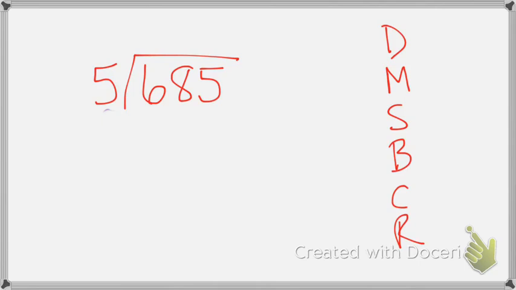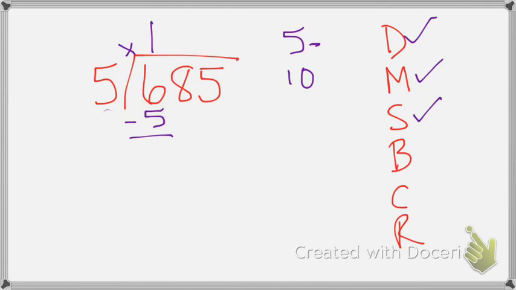So if I list my multiples, 5, 10, I can do it one time. And remember, that really stands for 100. So 1 times 5, doing my multiply, is 5. Now I subtract. 1, bring down, 18.